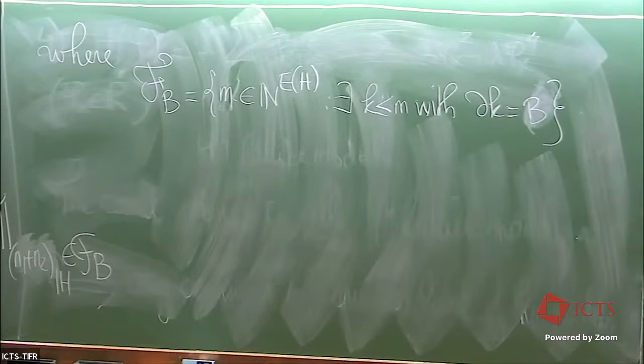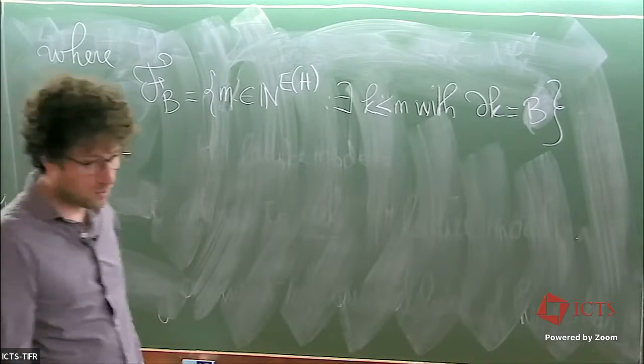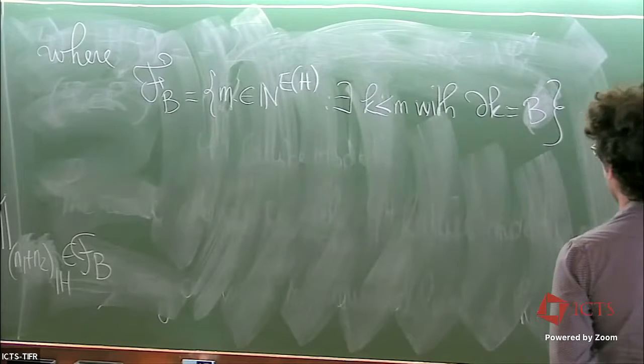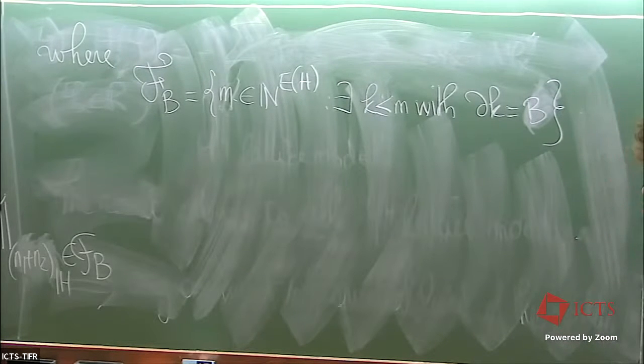It means here I'm allowed to switch the sources if I know that in N1 plus N2 there is a subset that has sources B.